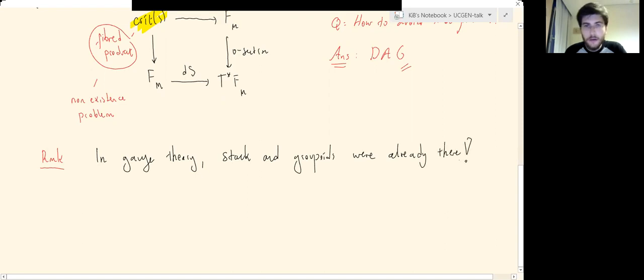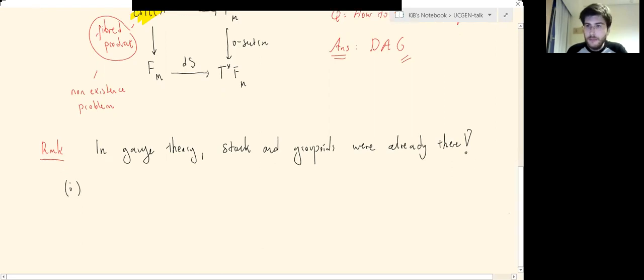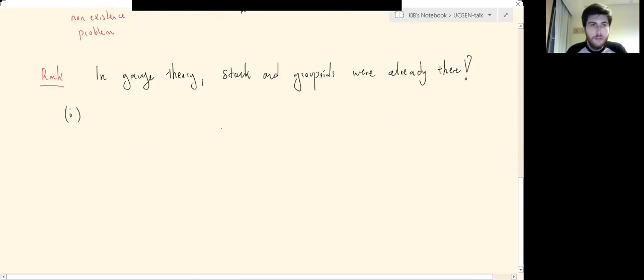Okay, let's see how. Just remember, in the Chern-Simons example, remember we have connections, right? Connection one forms, and the gauge transformations between them.